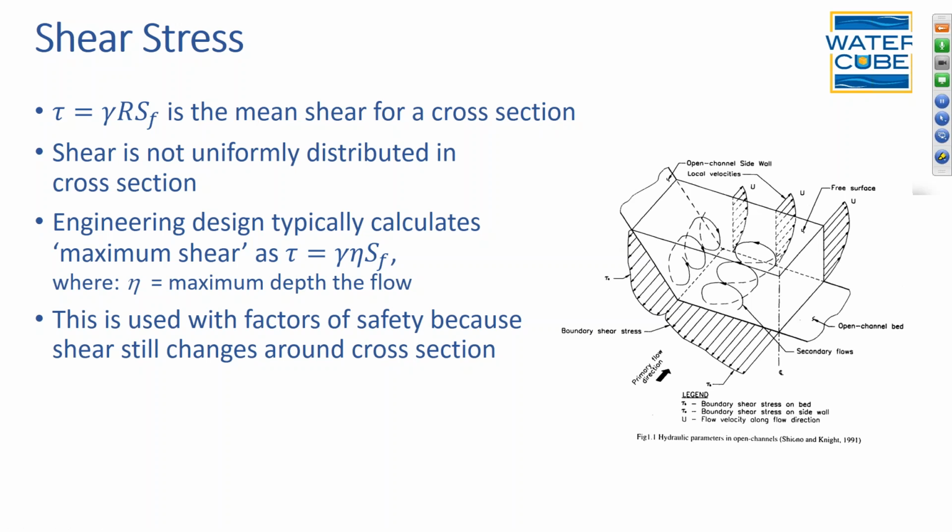So if I'm doing engineering design, we'll typically calculate a maximum shear where instead of the hydraulic radius, a calculated hydraulic parameter, we use the maximum depth of the flow, and we calculate the maximum shear based on that maximum depth. And then we couple this with a factor of safety because the shear is not uniform or constant around the cross-section.